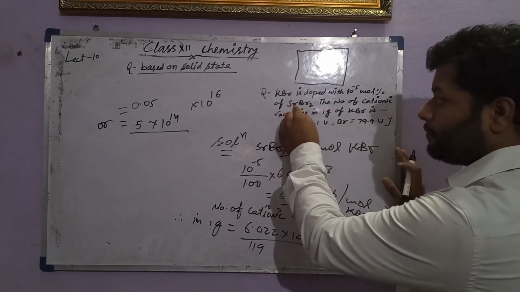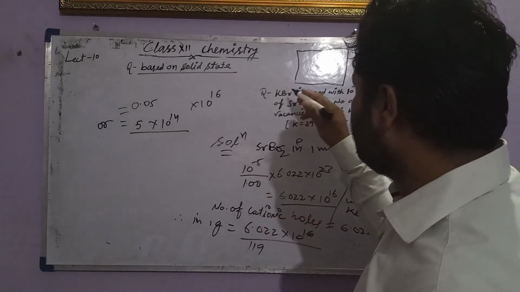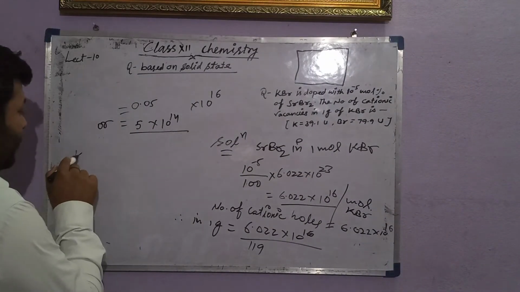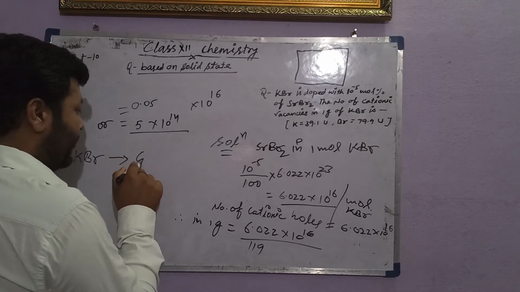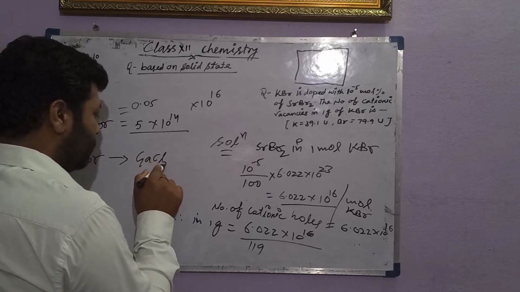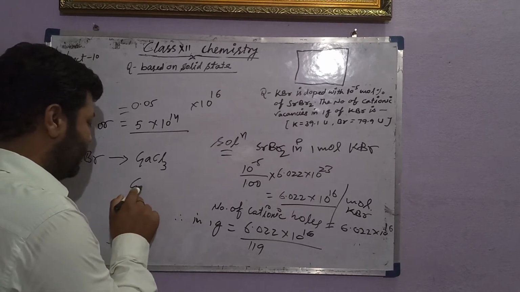So if, instead of strontium, the question was like KBr doped with gallium chloride. Gallium has valency 3.